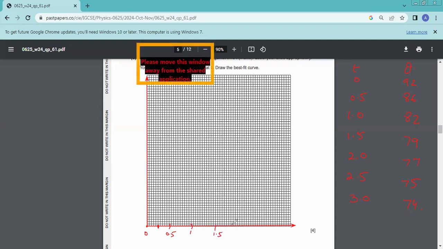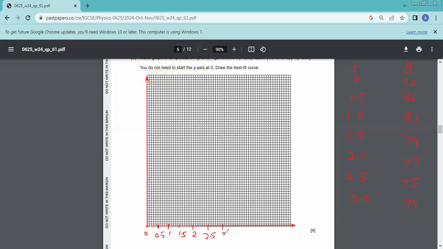I think this would be more appropriate. Then it would be 2, then 2.5, then 3.